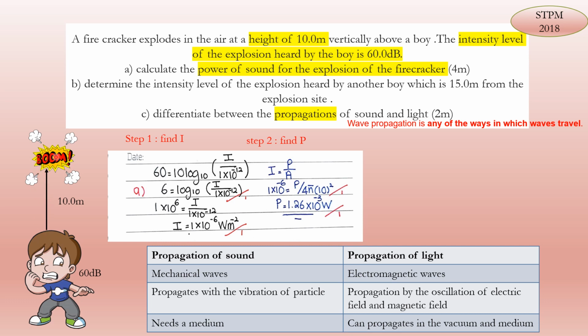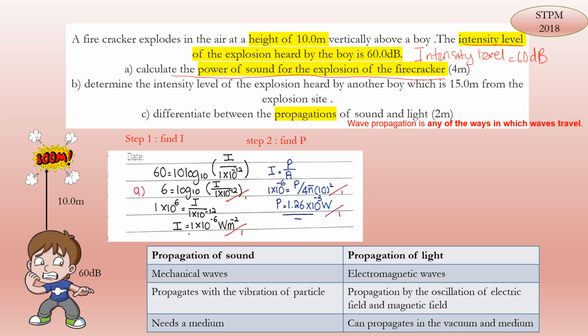The intensity level, be careful with the word intensity level, that means it's referring to the level of the sound, which is 60 decibel. Now, they ask you to calculate the power of sound for the explosion of the firecracker.